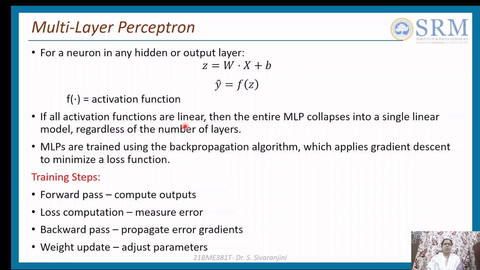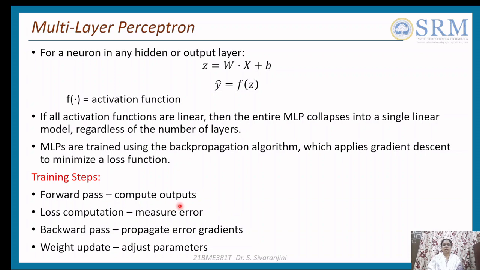MLPs are trained using the backpropagation algorithm, which applies gradient descent to minimize a loss function. We will see what gradient descent is in the upcoming lectures. The training steps, as I already told you, are: the forward pass, which computes the output.